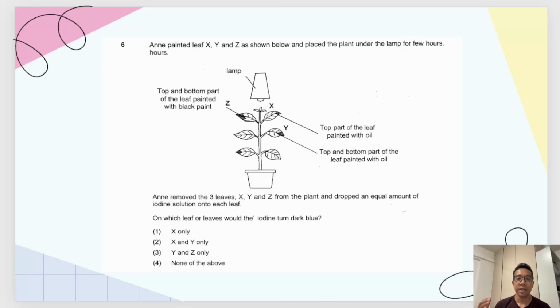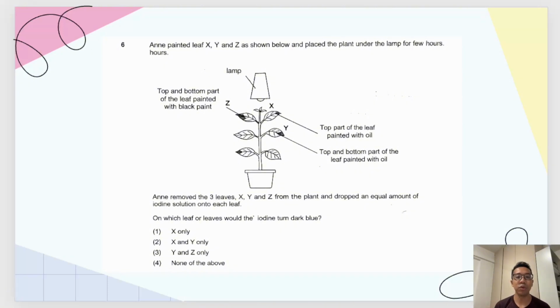Not only does black paint interfere with the gas exchange on the underside of the leaf, but black paint also absorbs all light. This would mean that leaf Z will not get any light, and without any light, the process of photosynthesis would not occur. If the process of photosynthesis does not occur, the leaf will not contain starch.